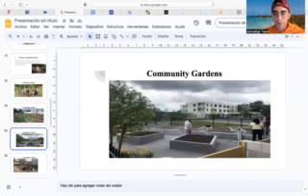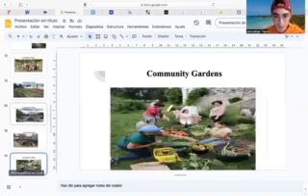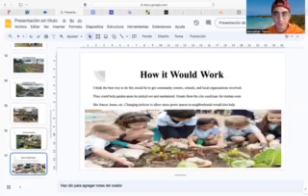We see more people doing community gardens, it looks like in the city. We got more pictures of people doing community gardens, and over here they've already harvested all the products that they grew.